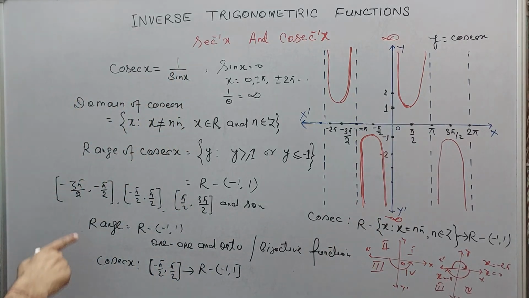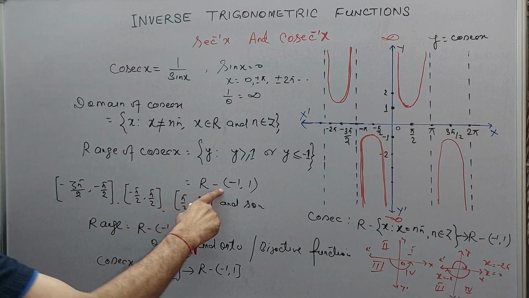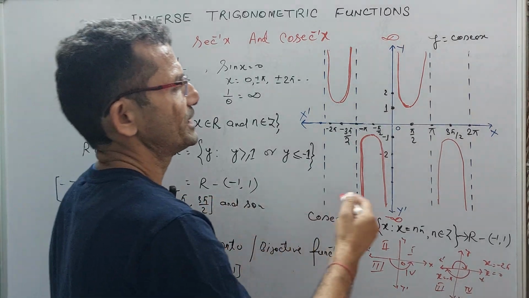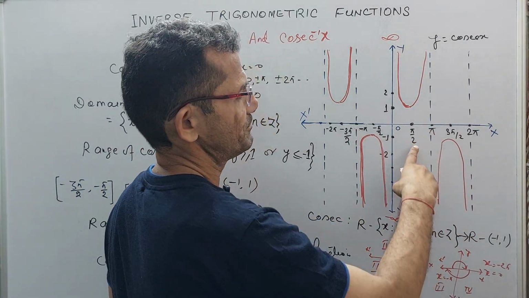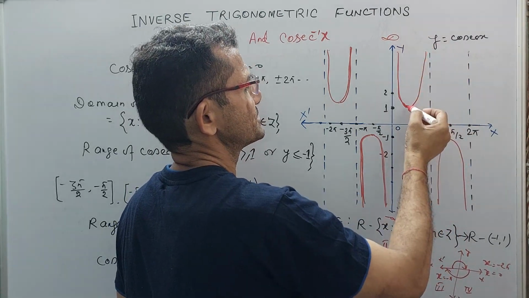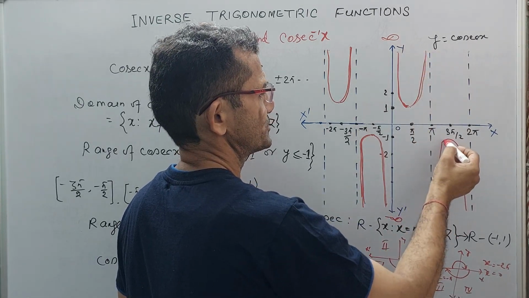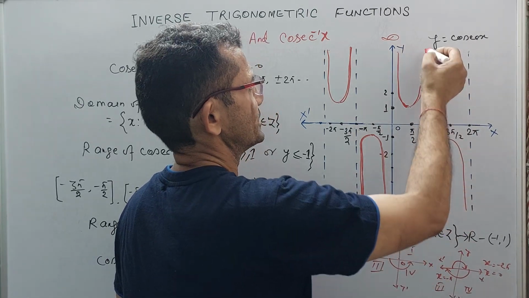In these branches our range will be the same, and in the same way if I take the branches from π/2 to 3π/2, our range will be from 1 to plus infinity and -1 to minus infinity.